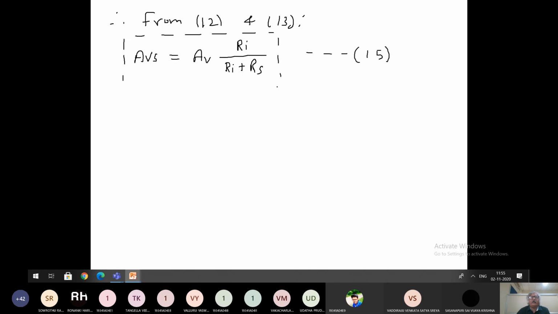So now you tell me, AVS is greater than AV or AVS is less than AV. What can you find from equation number 15? AVS is greater than AV, sir. AVS greater than AV.